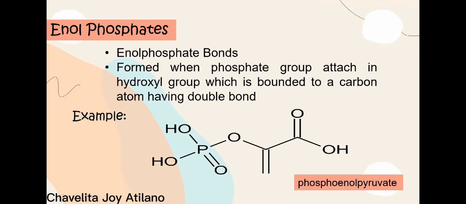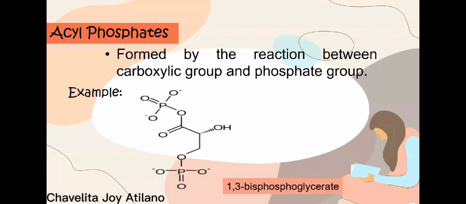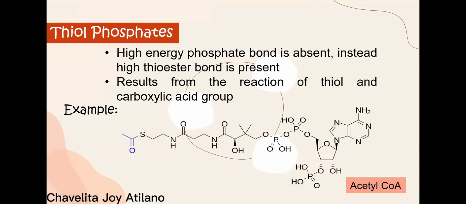An example of this is phosphoenolpyruvate. Then the acyl phosphate is formed by the reaction between the carboxylic group and the phosphate group. An example of it is bisphosphoglycerate.